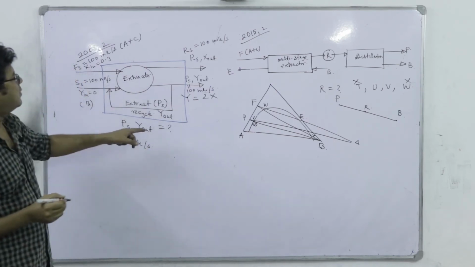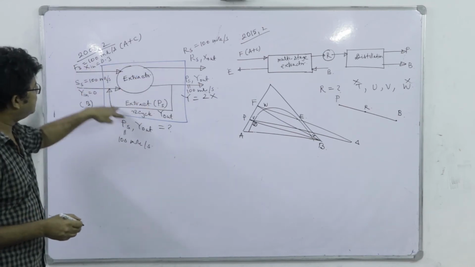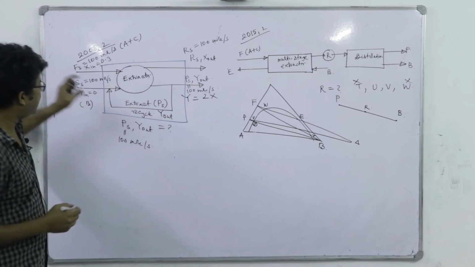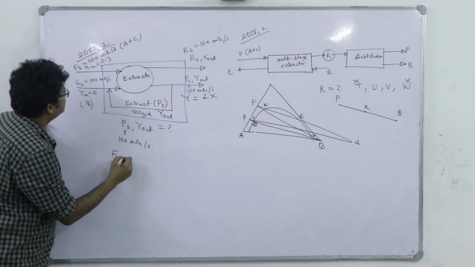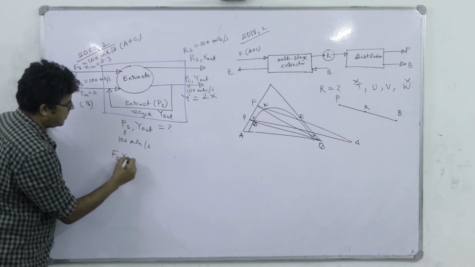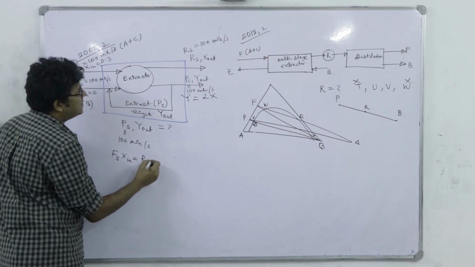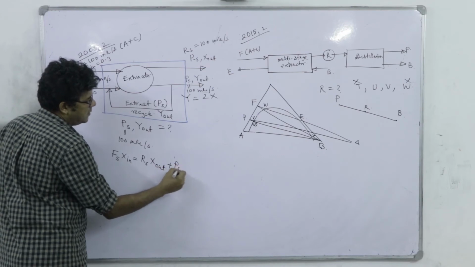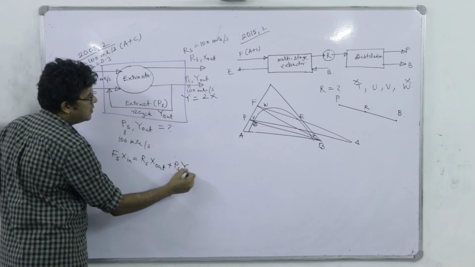So, first answer Ps is 100 mole per second. Now, second, what about Y out? So, do not think about this recycle again. We have an inflow, so we have to write a component balance. So, Fs into X in is equal to Rs into X out plus Ps into Y out.